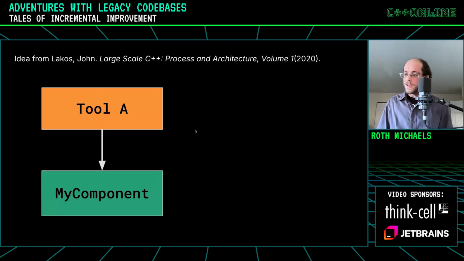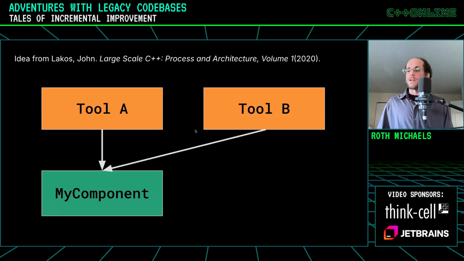So imagine you have tool A that depends on some library, my component, or that could just be a class or a function within some library. And tool B comes along and it wants to use my component. But during the development of tool B, we discover that we actually have to change my component a little bit.